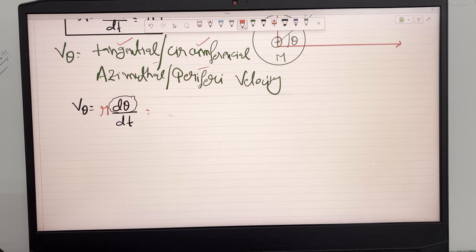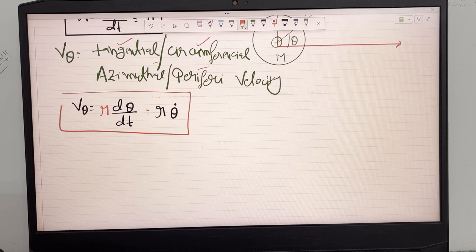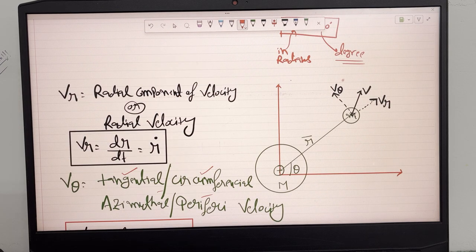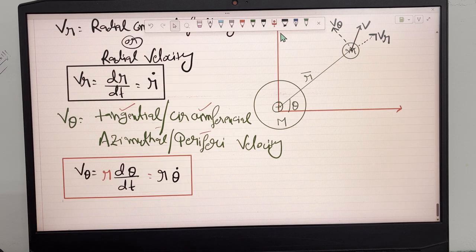Whenever there is theta, r will come into the picture, and there is some unit cancellation. So this can also be written as r into theta dot. So this is your V theta, and V r is given by r dot.